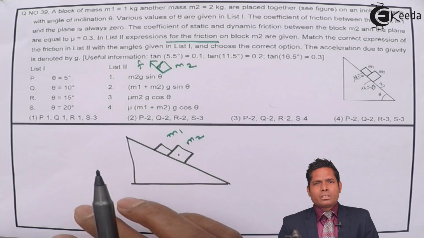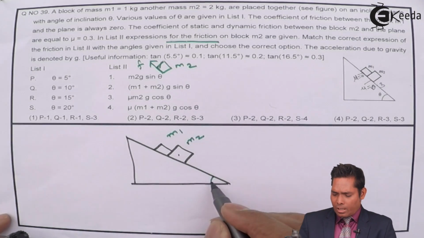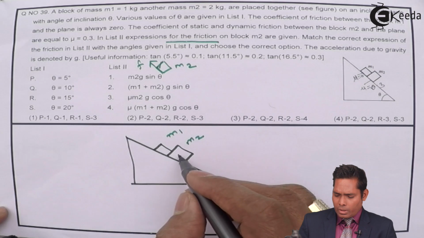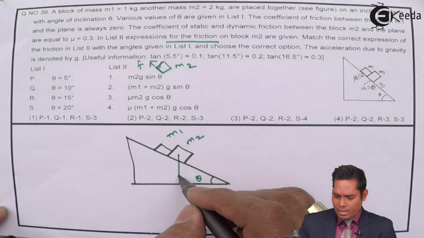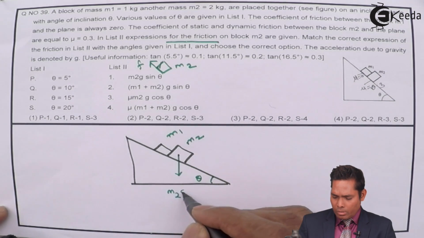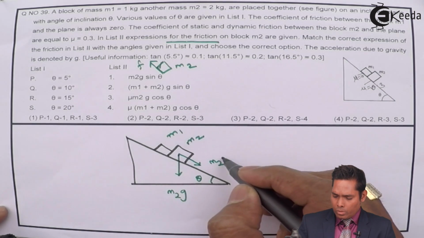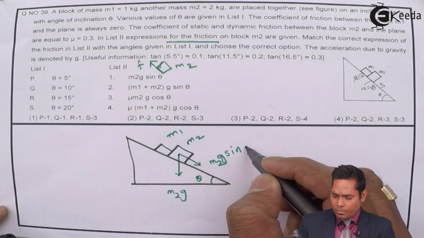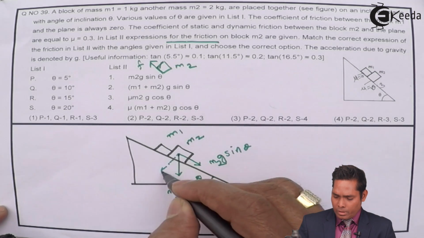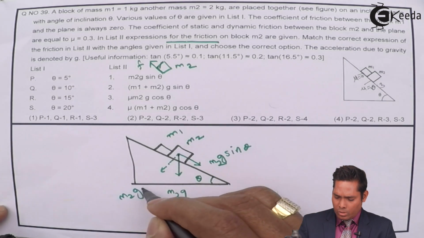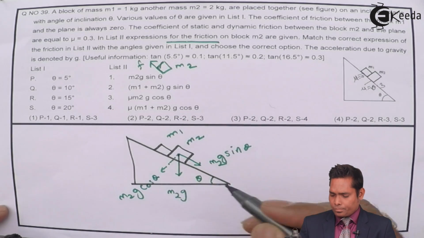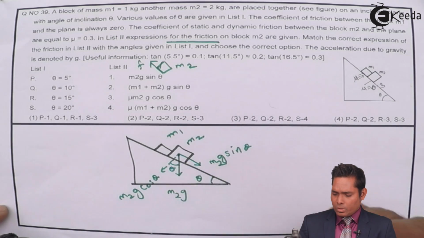So first of all, write the general expression. If this angle is theta, then M2g will have two components. One is along this direction, that is M2g sine theta, and this component will be M2g cos theta. This is theta, this will be theta.